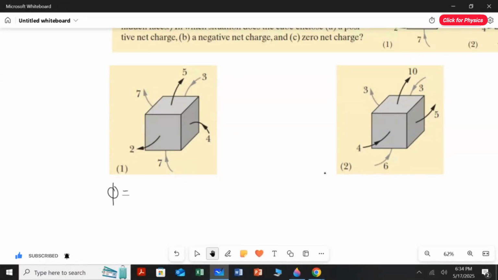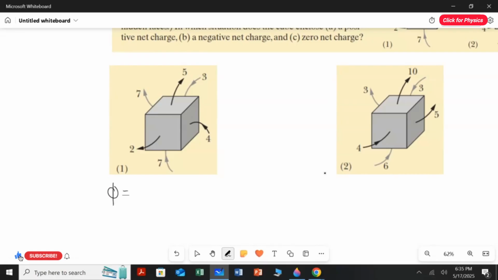So I'm going to add the arrows going inside and outside. Clear? So let's add this one.